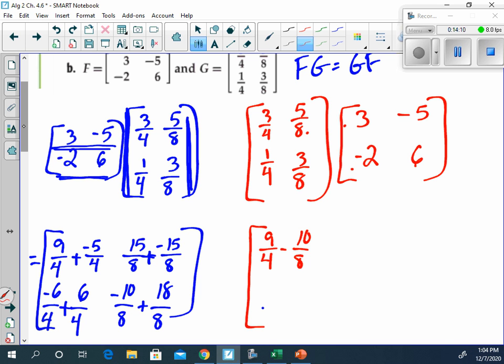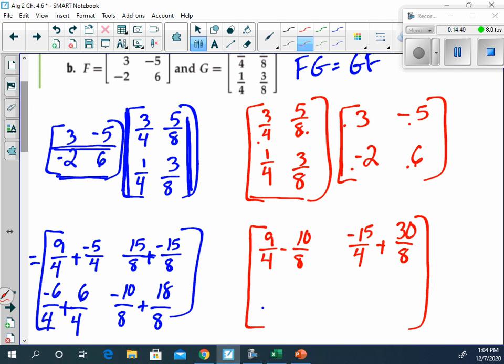Okay, now it's a little bit different, isn't it? Let's keep going and see what happens. Then we do 3/4 times negative 5, which would be negative 20/4. Actually, not negative 20/4, negative 15/4. Five eighths times 6 is going to be plus 30/8.